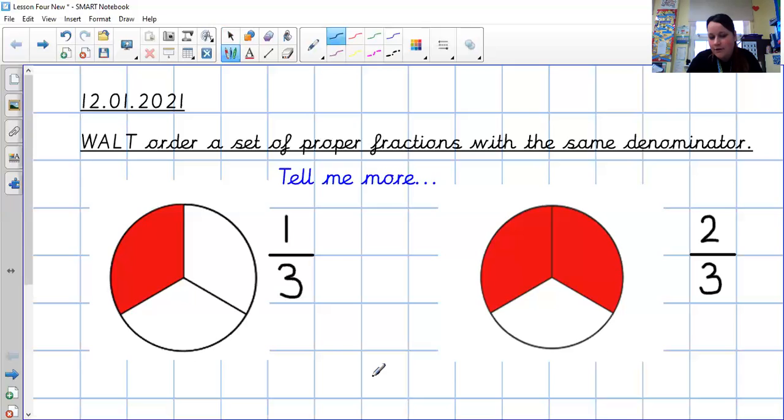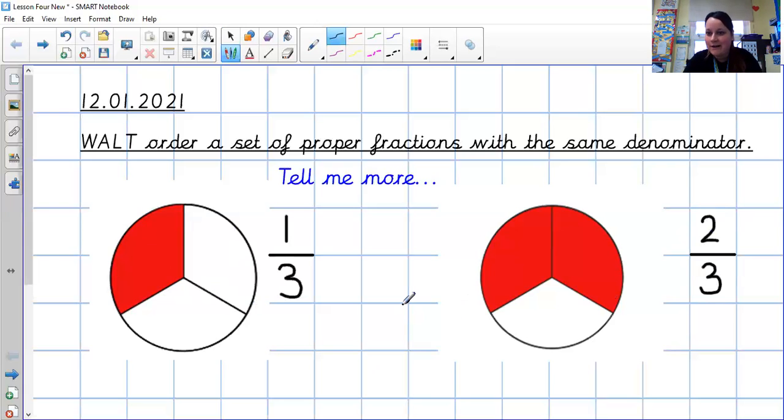Hopefully you can tell me which one is greater. 2/3 is the greater fraction because I am interested in 2 out of 3 equal parts, whereas in this fraction, I am only interested in 1 out of the 3 equal parts. So this fraction is greater.